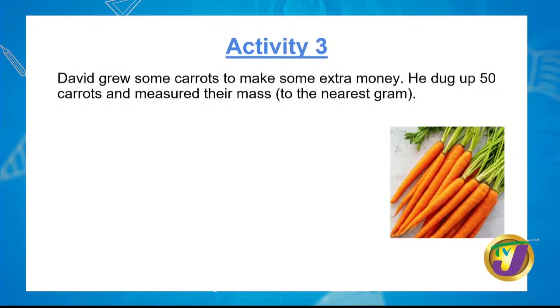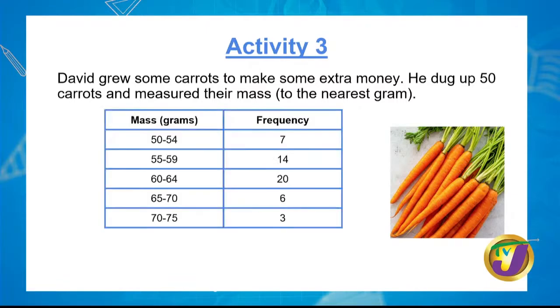David, who must be my son, grew some carrots to make some extra money. He dug up 50 of the carrots and measured their mass to the nearest gram. And here I have a frequency table representing David's carrots. If you were here last week Friday, you will remember that we spoke about creating frequency tables using class intervals.